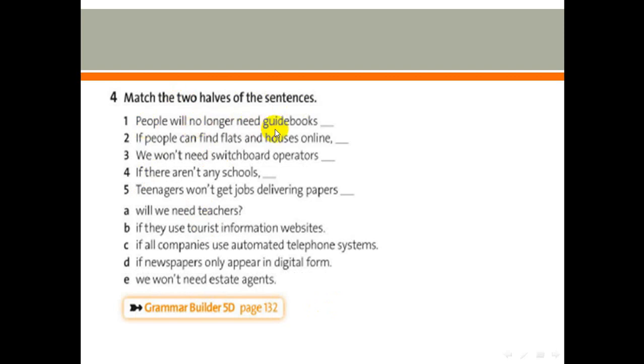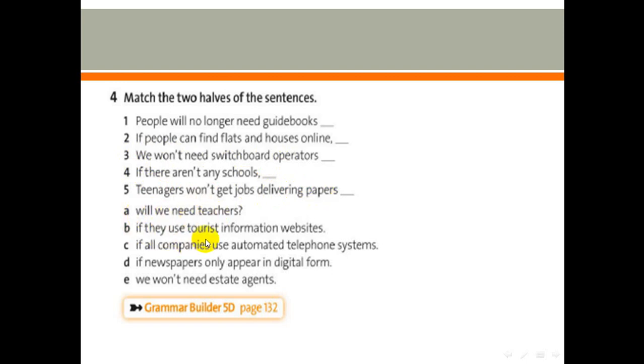People will no longer need guidebooks. If people can find flats and houses online, we won't need switchboard operators. If there aren't any schools, teenagers won't get jobs delivering papers. We will need teachers.